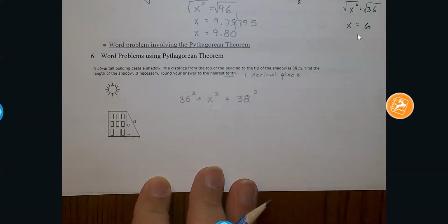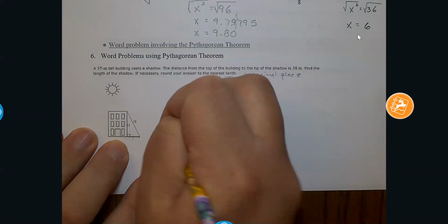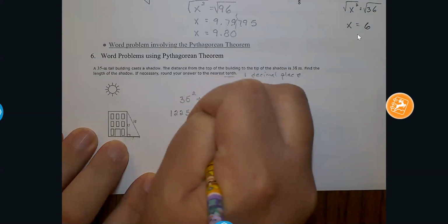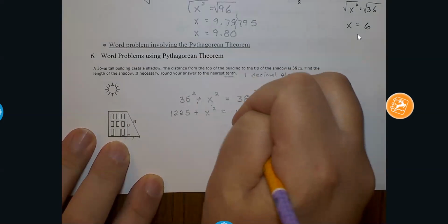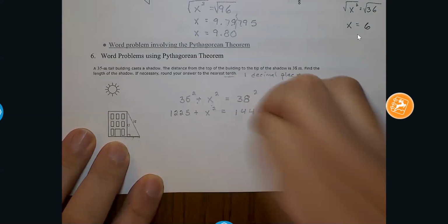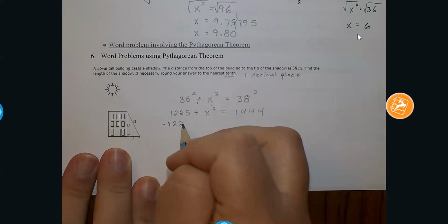So now we have to do 35 squared. 35 squared is 1,225 plus x squared equals 38 squared, which would be 1,444.